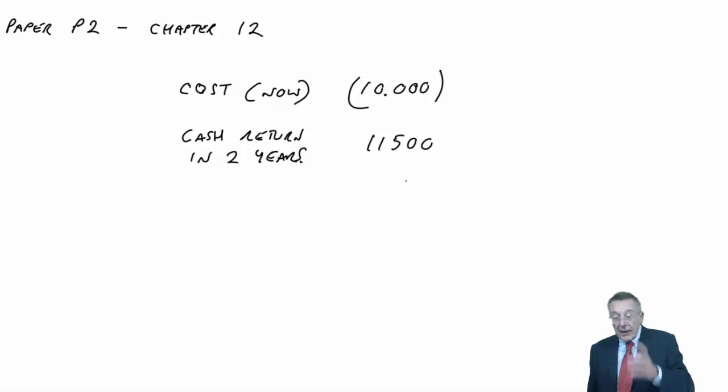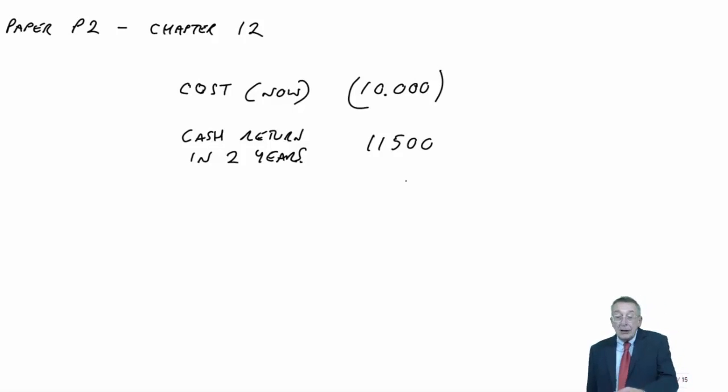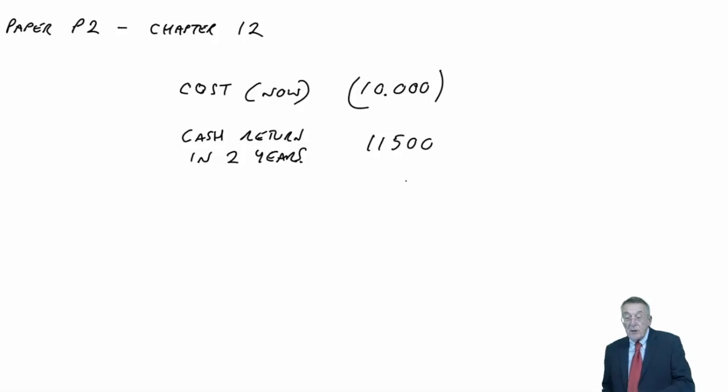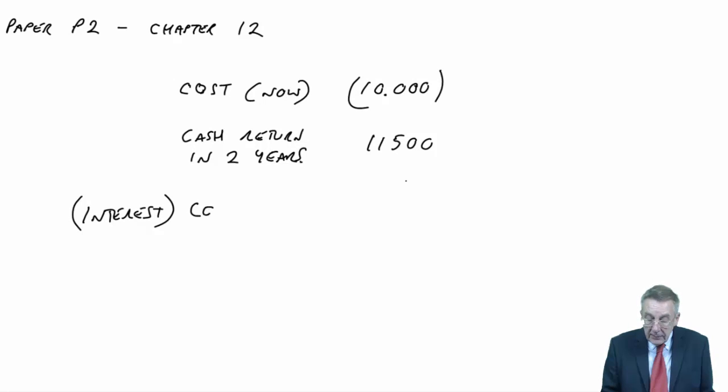However, that 10,000 we're using, again, either we've had to borrow it, and there's interest payable on that money, or, alternatively, I have the cash sitting around, but it could be earning interest. If we invest in this machine, we're losing interest. And suppose I tell you the interest or the cost of capital is 5% per annum.